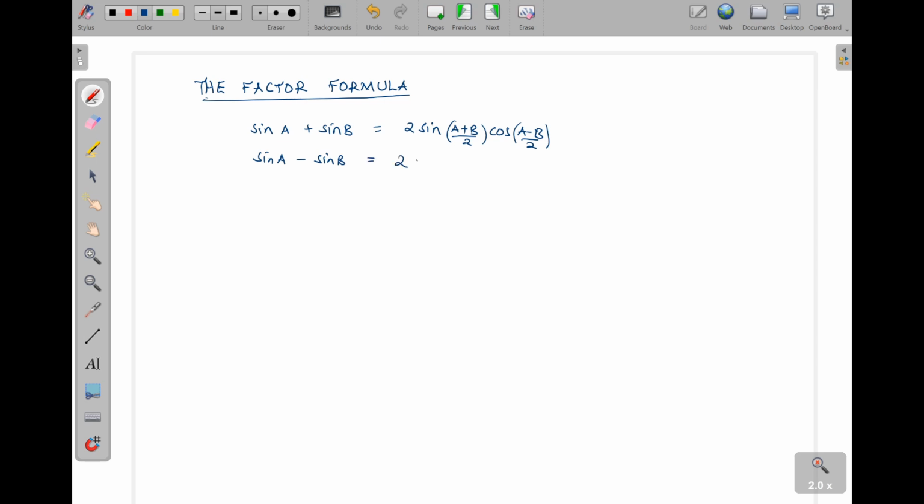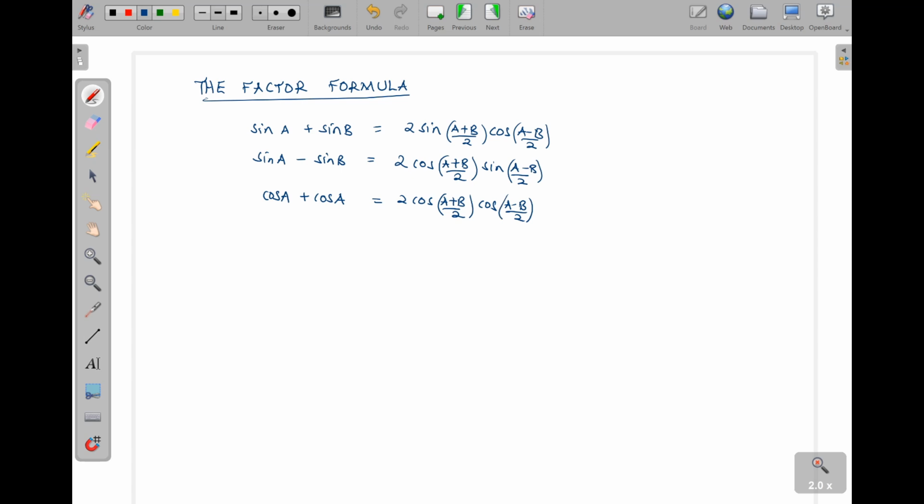Now we shall get 2 cosine of a plus b over 2, and then sine of a minus b over 2. Okay, there are also others for cosine, where we have cosine of a plus cosine of b. You get 2 cos of a plus b over 2, then cos of a minus b over 2.